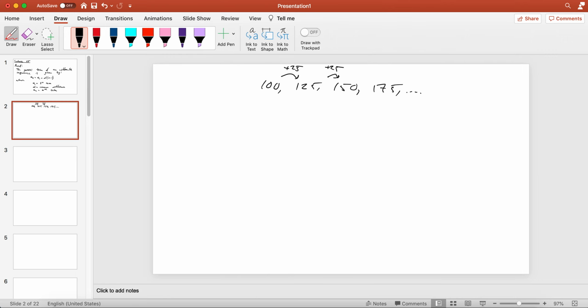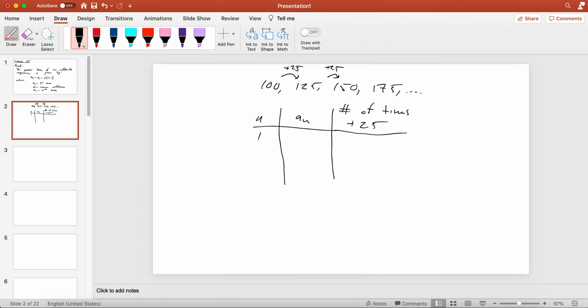Now let's organize the information as follows. This column will be n, this column will be a sub n, and this column will be the number of times we added 25.